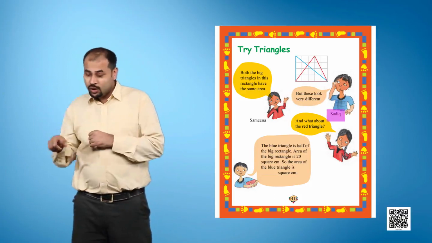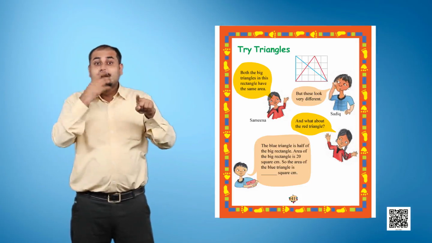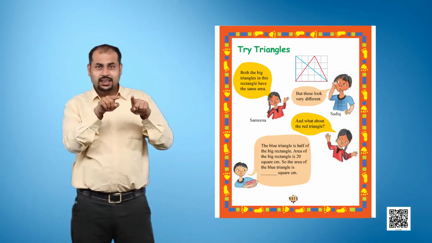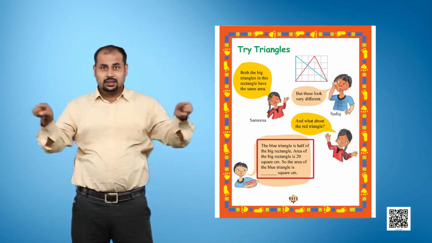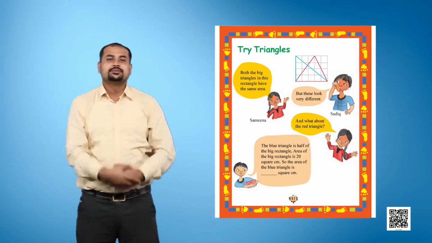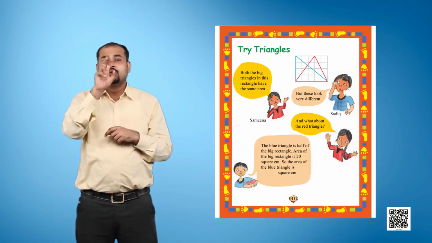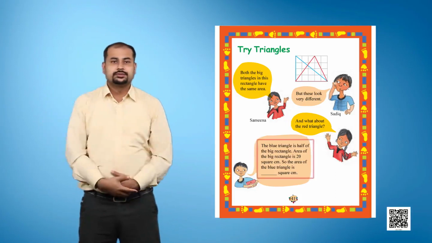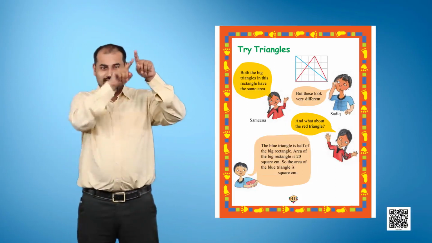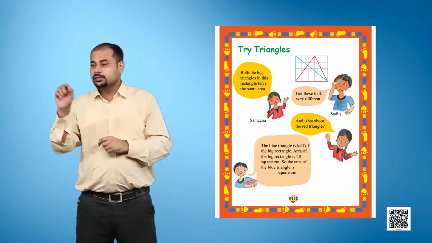Sadiq continues by saying, "The blue triangle is half of the big rectangle. Area of the big rectangle is 20 square centimeters. So the area of the blue triangle is dash square centimeters."